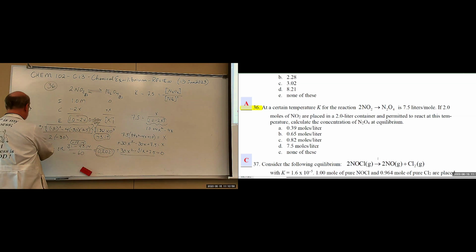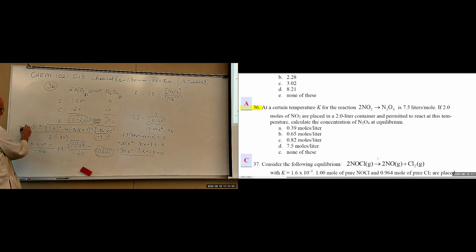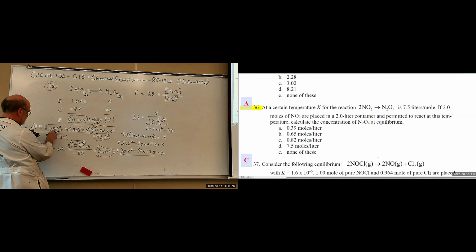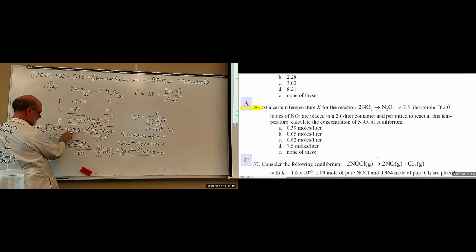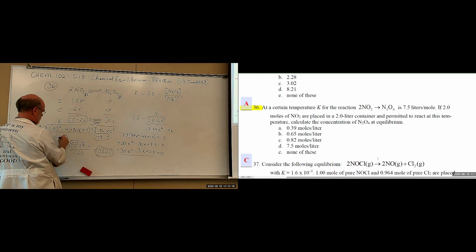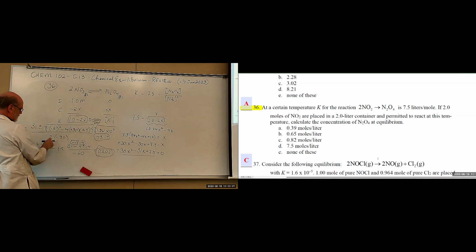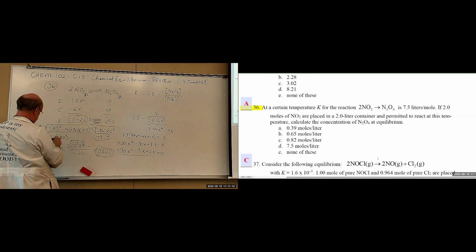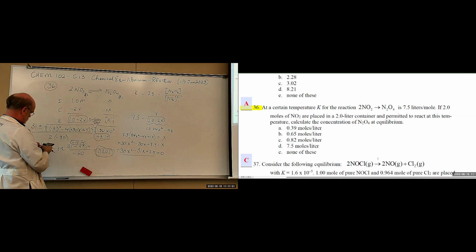And this one needs to be, that's right. This is B. And this is positive. Okay. So this one is 4 times 30 times 7.5. That's a negative.